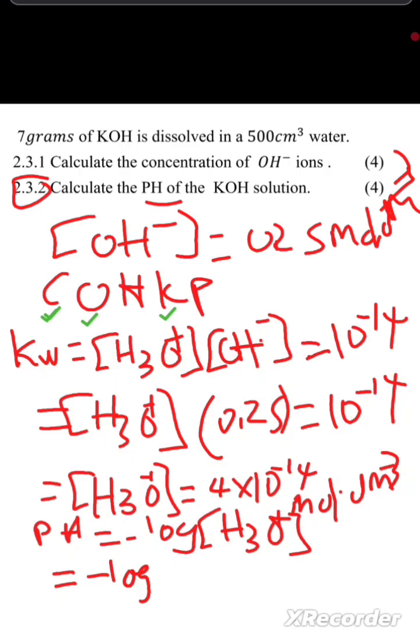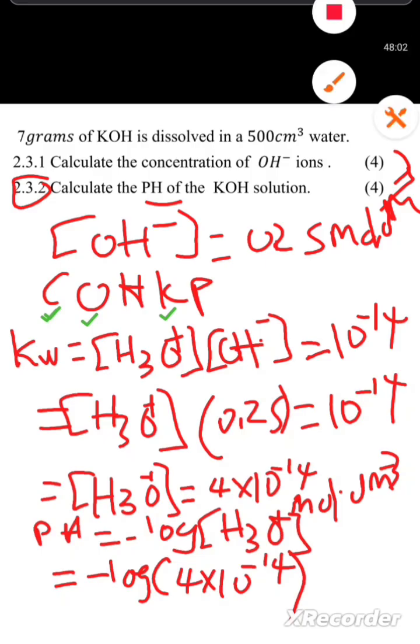So negative log is 4 times 10 to the power negative 14. And the answer will be 13.40.